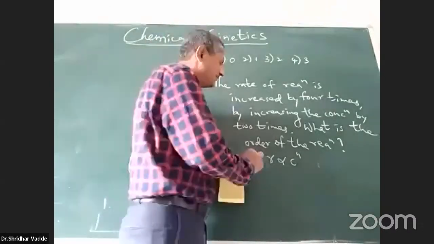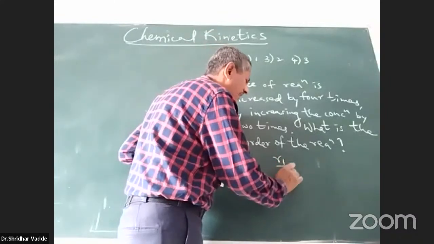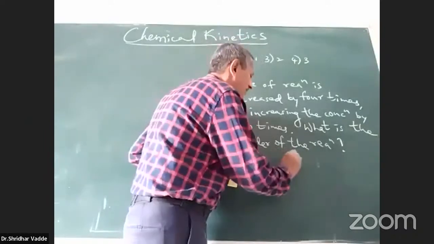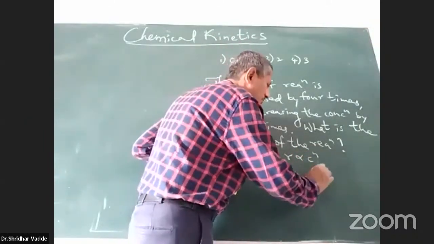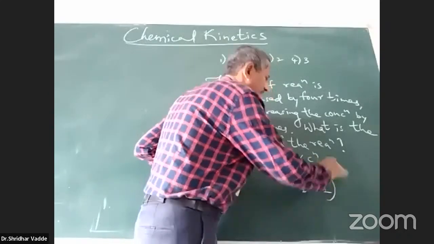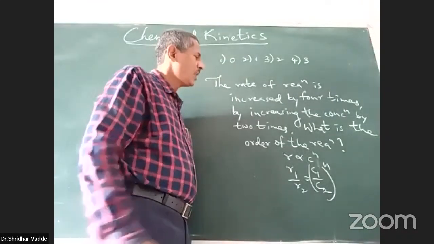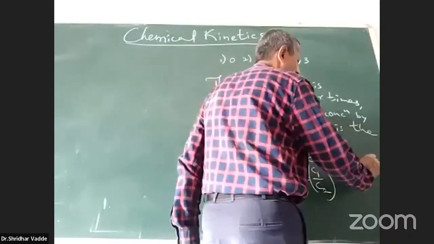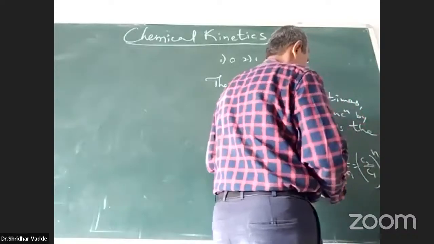So here, simply R1 by R2 is equal to C1 by C2 to the power n. Or this can also be written as R2 by R1 is equal to C2 by C1 to the power n.